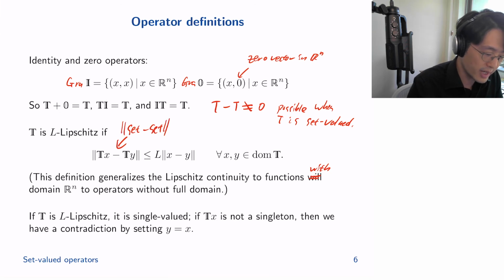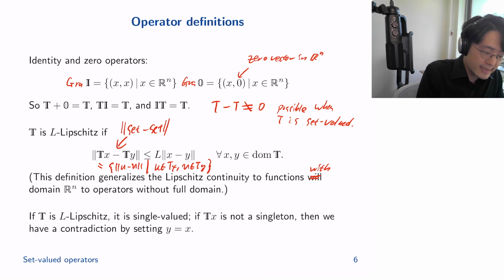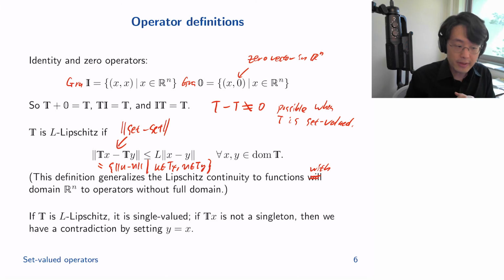To be more precise, this is defined to be equal to the norm of u minus v, such that u is in Tx and v is in Ty. This is the a priori definition, and because T is not assumed to be single valued, this is how we would define the left hand side.